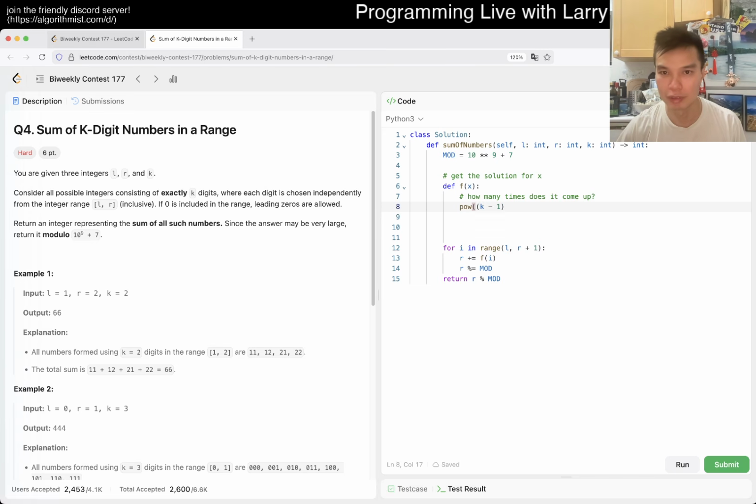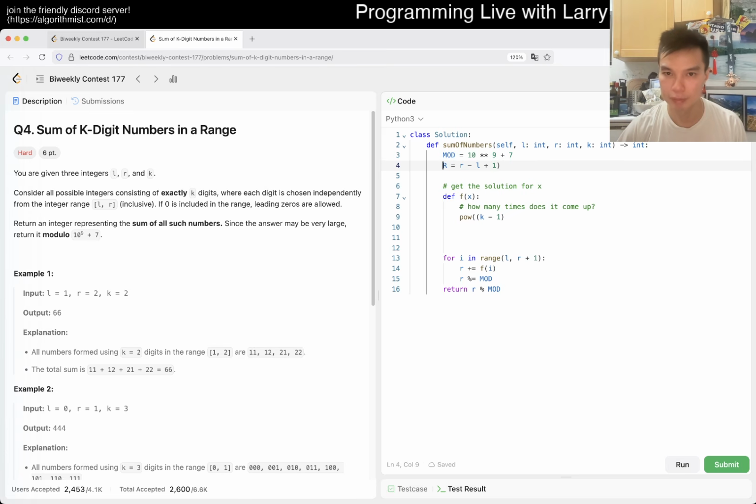Oh, let's just say r is equal to the range, r minus l plus 1. And then it is going to be r to the k minus 1 with the mod power, right? So this is just count.